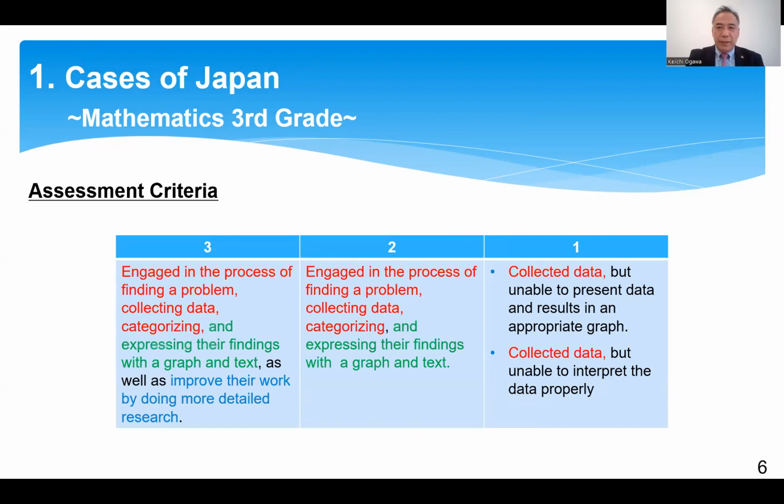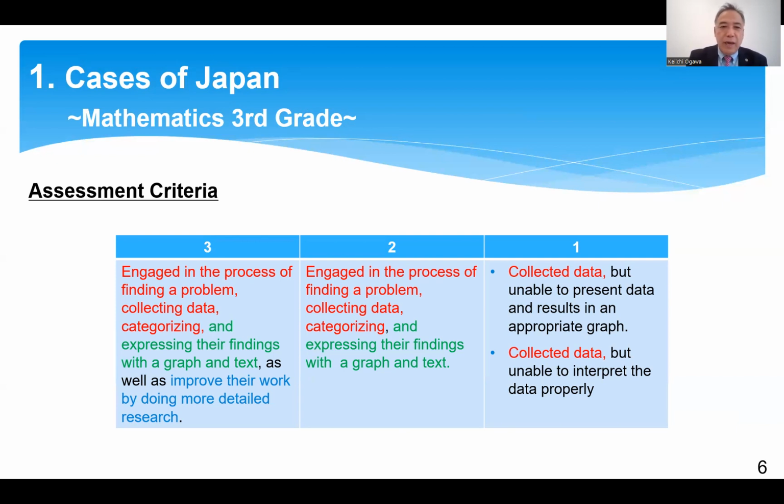Then assessment criteria. So there are 3 assessment criteria. First, the student really understands well is number 3: engage in the process of finding a problem, collecting data, categorizing, and expressing their findings with a graph and text, as well as improve their work by doing more detailed research.